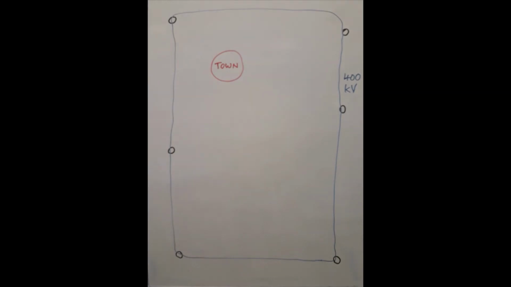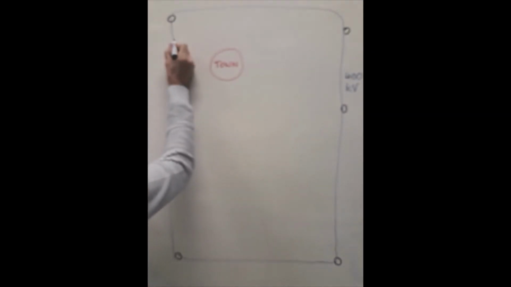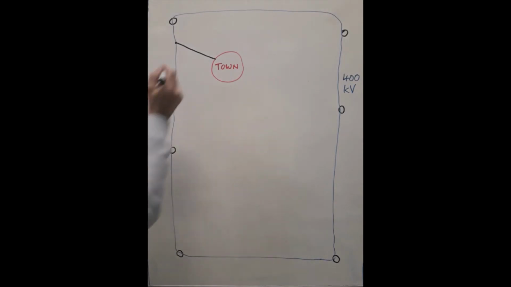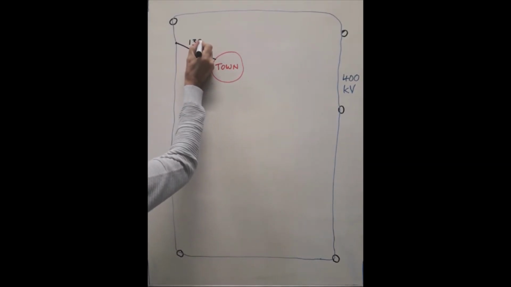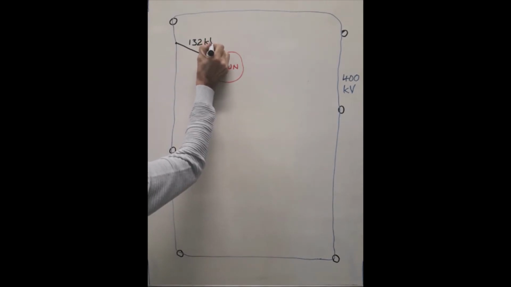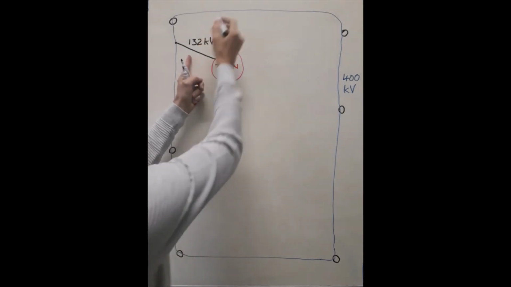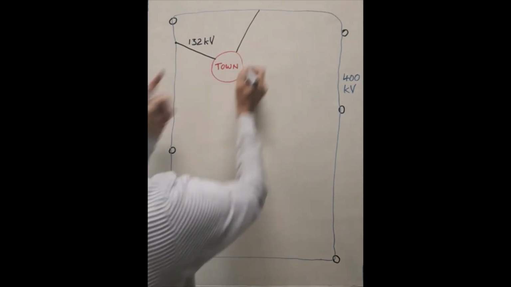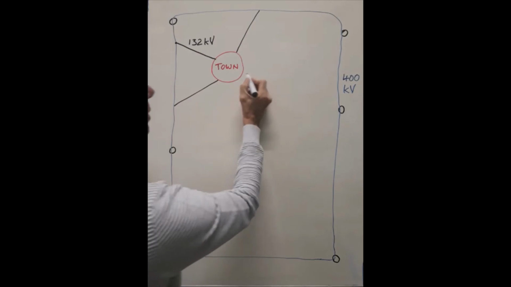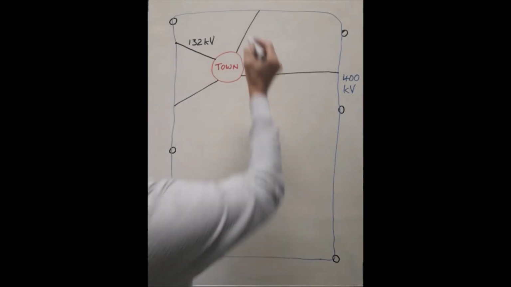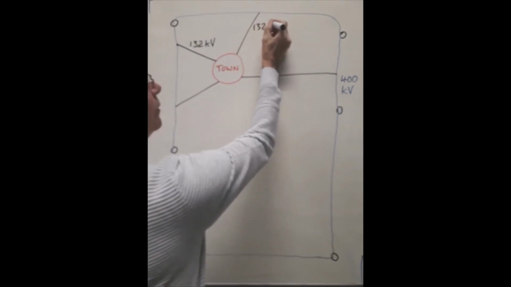What happens with the national grid is they will take a power supply which will typically be 132 kilovolts and bring that closer into a town. This could be fed from multiple points on the grid system. It doesn't have to be the single nearest point, but each of these will be 132 kV.